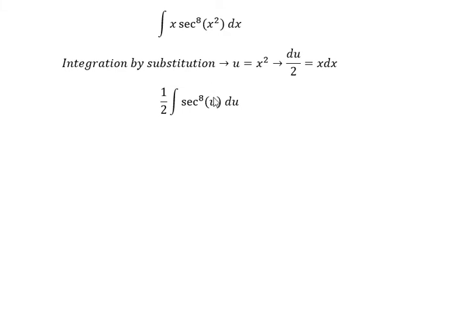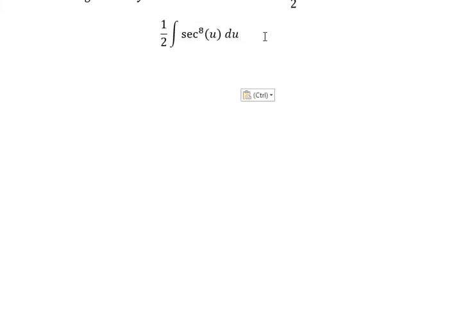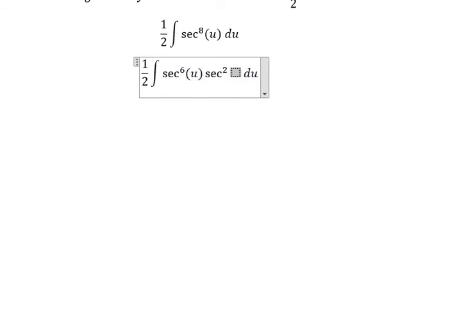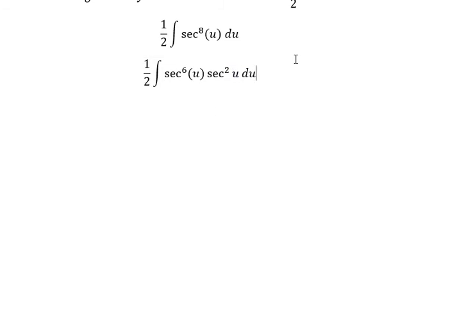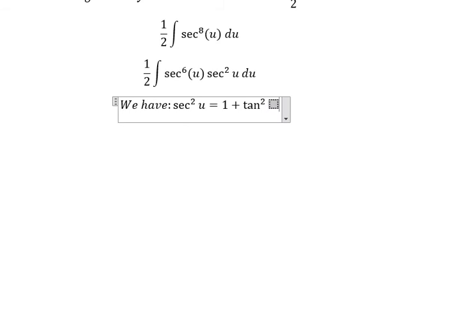Next, about this one, we need to separate them into sec u to the power of 6 and sec u to the power of 2. Next, we have sec u to the power of 2 equals 1 plus tan u to the power of 2.